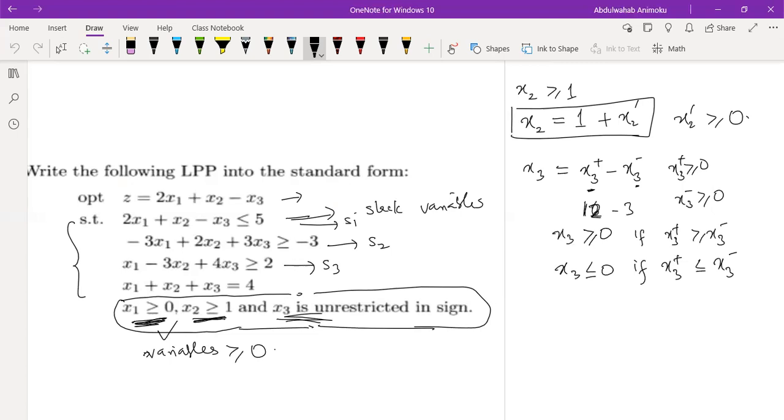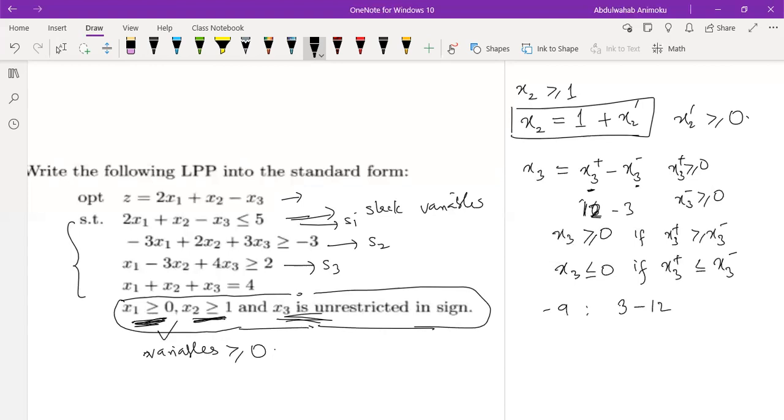But let's say X3 is negative, let's say minus 9. Then you can have 3 minus 12.